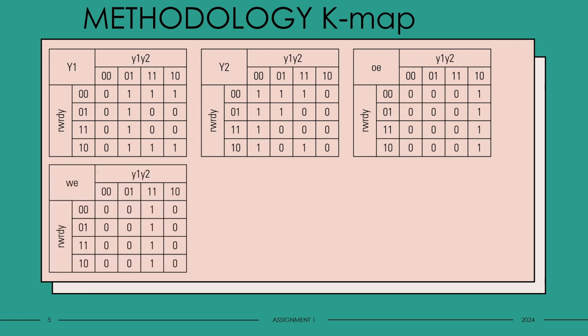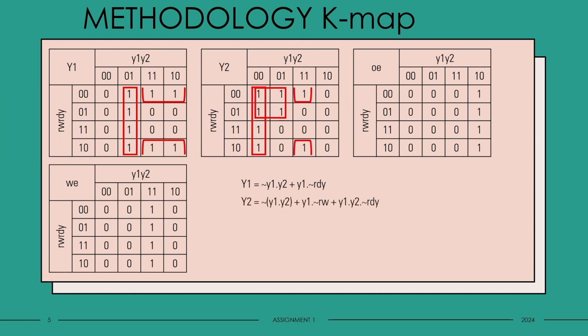Okay, here's a K-map for present state Y1, Y2, output OE, and output WE. For the Y1 K-map, as you can see, there are two groups which result in this equation: Y1 bar and Y2, or Y1 and RDY bar. And for Y2, there are three groups which result in this equation: Y1 Y2 bar, and Y1 and RW bar, or Y1 Y2 RDY bar.